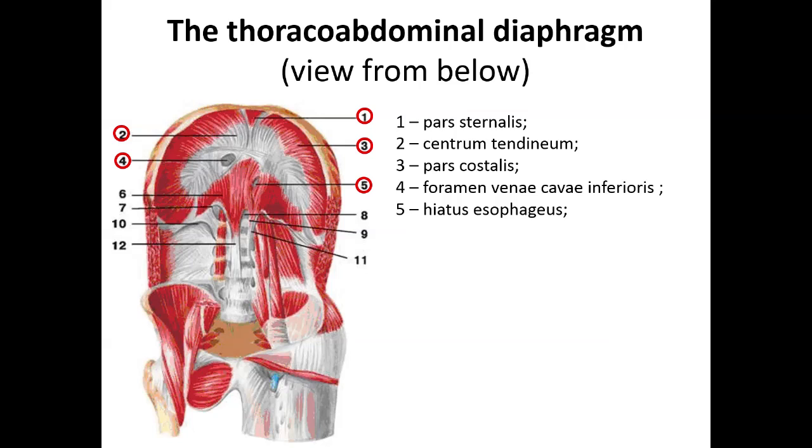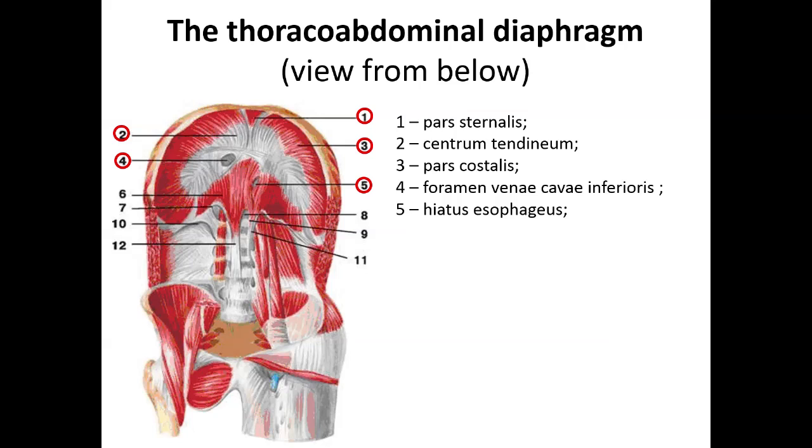What does hiatus mean? It means gap. The foramen is an opening of round shape, but a hiatus is a gap with a very narrow shape. So, hiatus esophageus is the second of 3 large openings inside of the diaphragm.